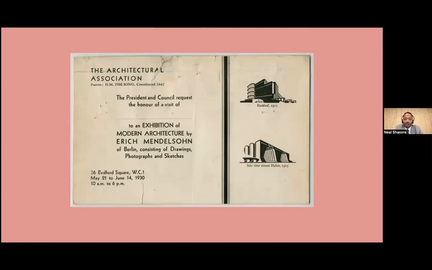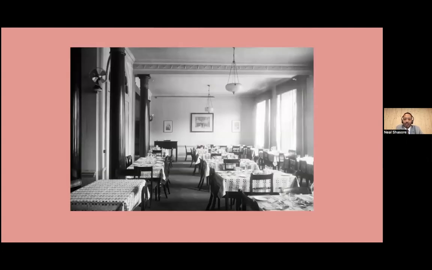There was an exhibition, as you can see in this image in the AA archives, of some of the more expressionist studies that he produced in the late 1910s. And he came to give a lecture at the AA, probably in this room, though without the table setting, to this packed audience of all the great and good, as I say, of the architectural profession.